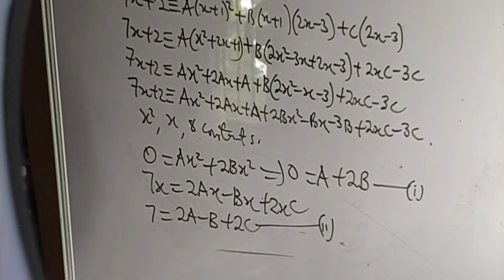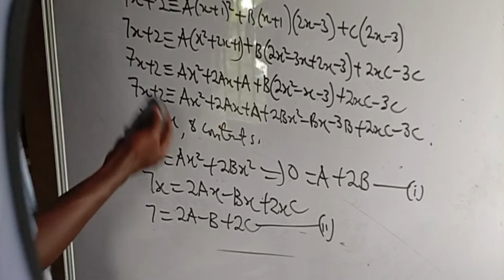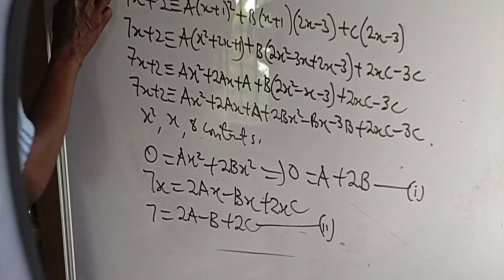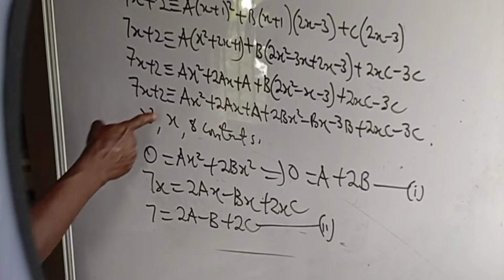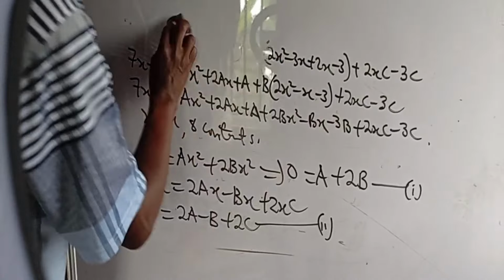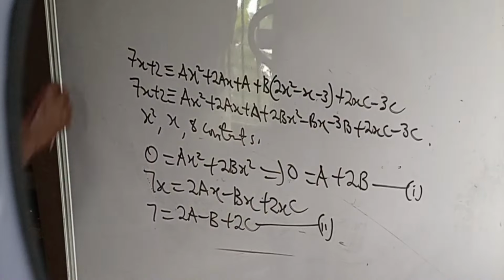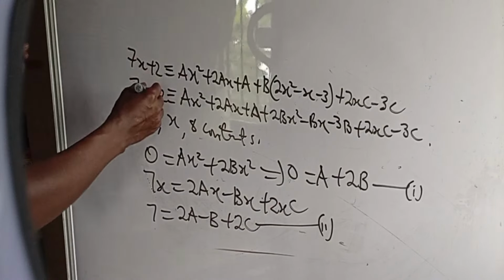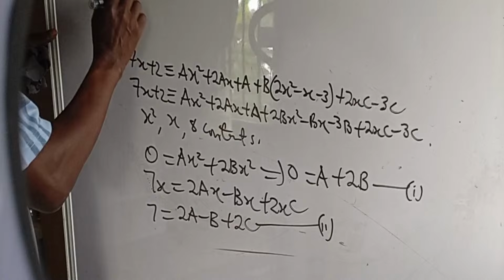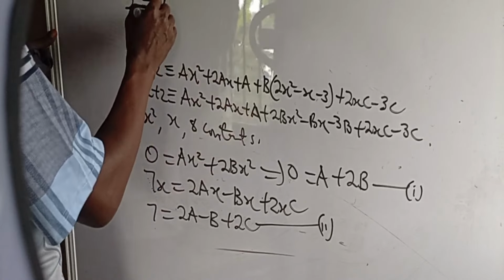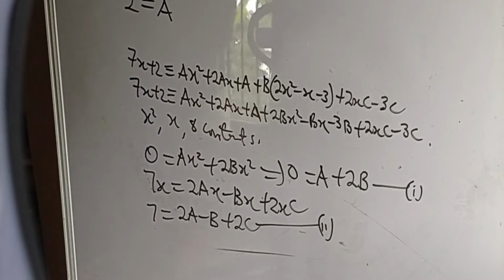Okay, now I want to clean them. No, before I clean, let me find the constant. Let me compare the constants. Now this is the equation I'm considering. So the constant is plus 2. That's 2 is equal to a. Are we together?